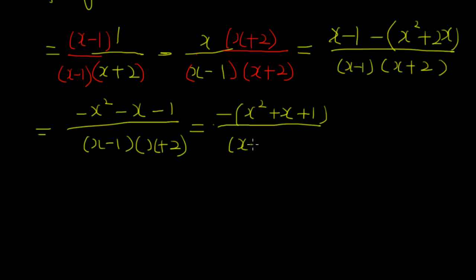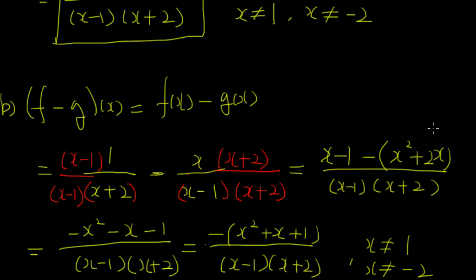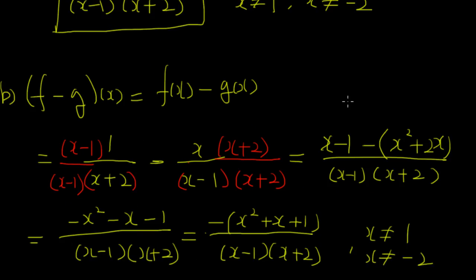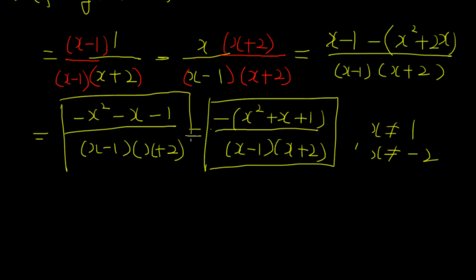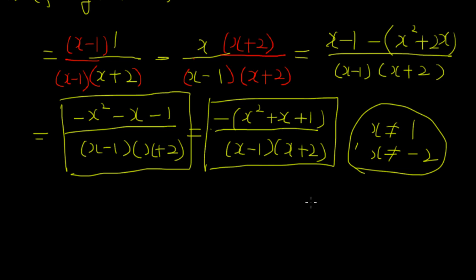And this is going to be over x minus 1 times x plus 2, and of course we need that condition. x cannot be equal to 1, x cannot be equal to negative 2, just like the condition right here. So this is a good answer. That's a good answer too. And you need to add this condition.